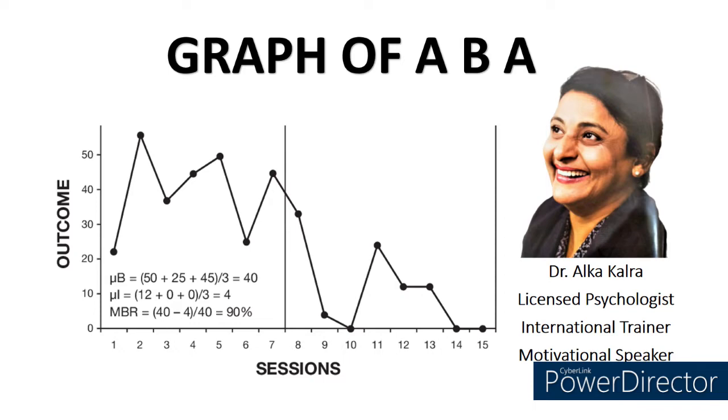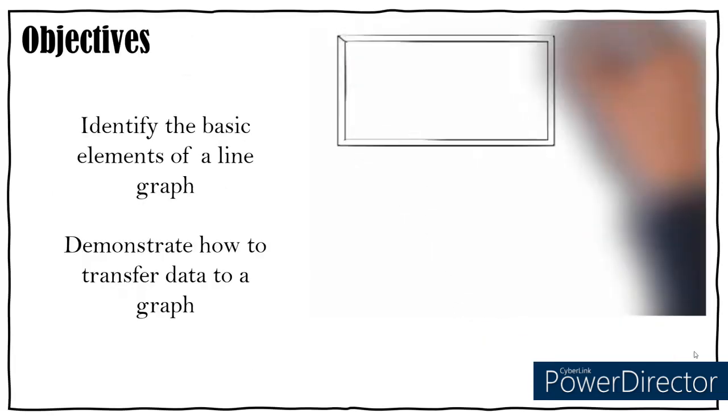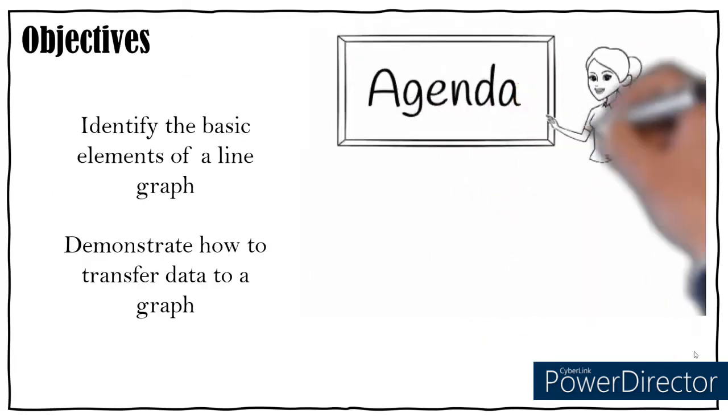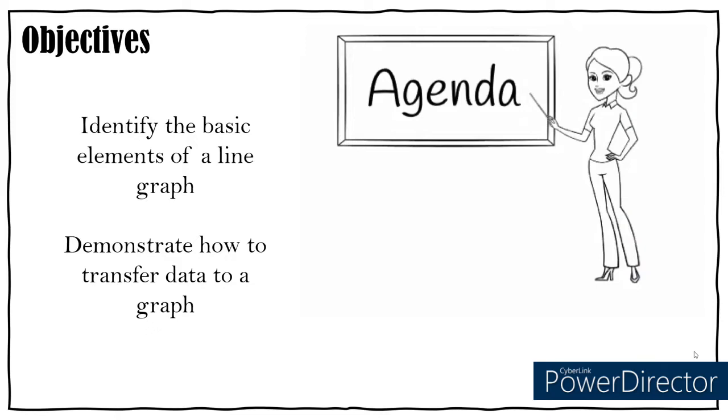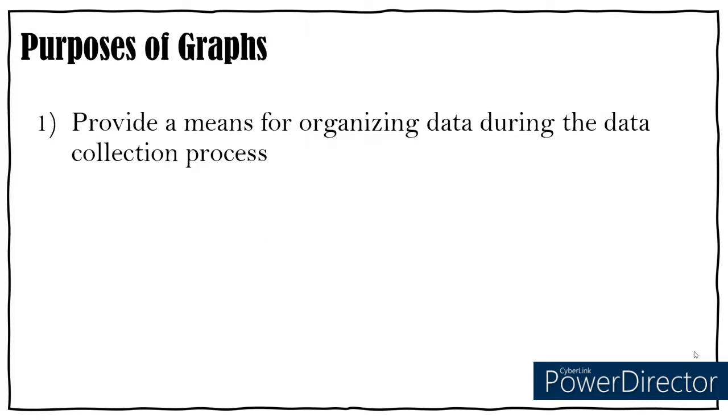Graphing in applied behavior analysis. It gives us a means for organizing our data during the data collection process. When we are collecting data, we are typically going to be recording that data on a data sheet, which means that we are going to have a lot of data sheets.